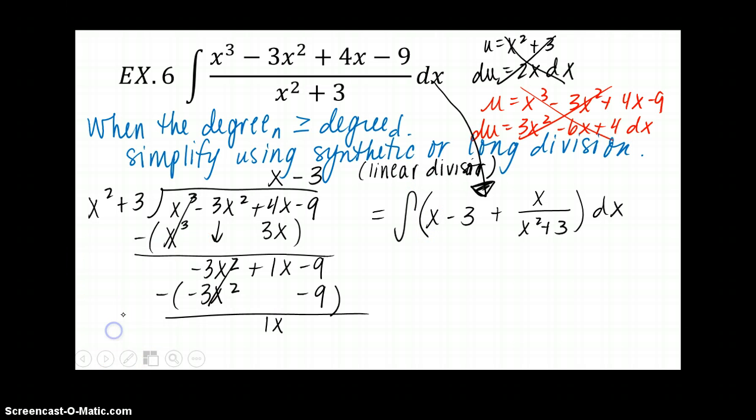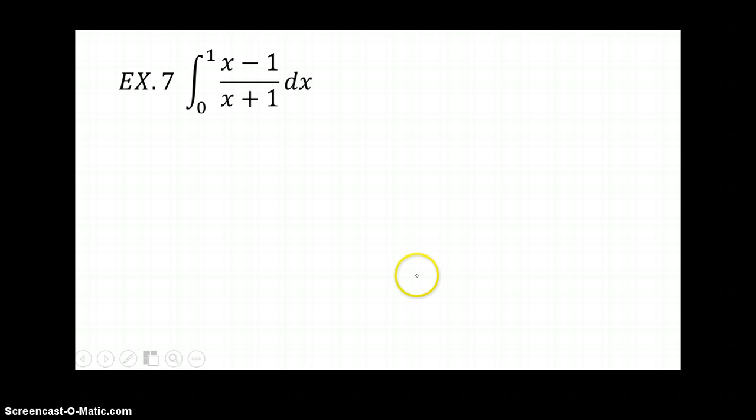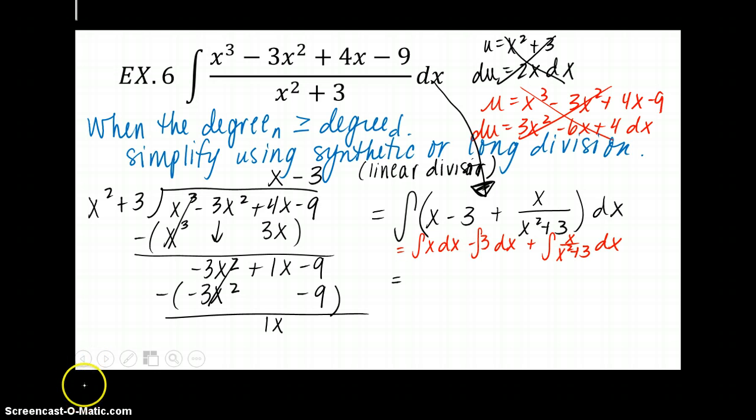Now, what I can do is integrate each piece of my integrand. I'm going to exaggerate this so you see it step by step. The antiderivative of x is just a straight application of the power rule: x squared over 2, minus the antiderivative of 3, which is 3x. Now when I integrate this, I need another u substitution.